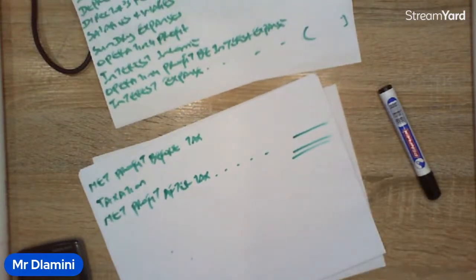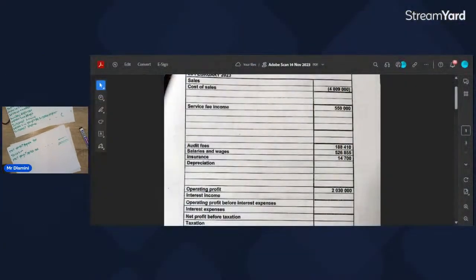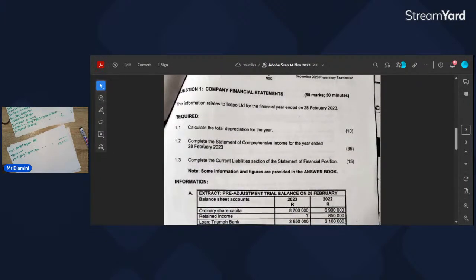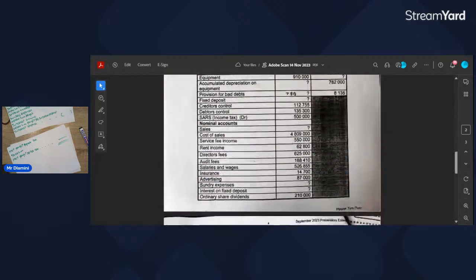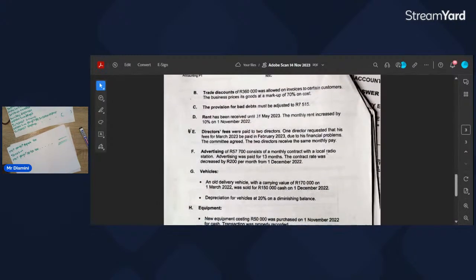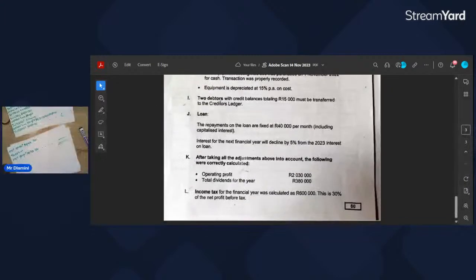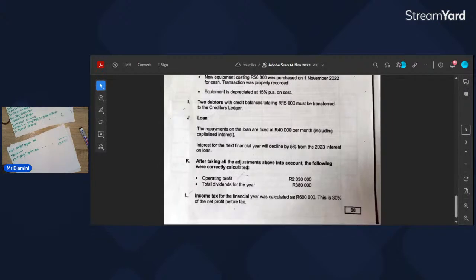We'll be starting. Here we are given income tax on page 4. We are given that the income tax for the year was calculated as 600,000. This is 30% of the net profit.